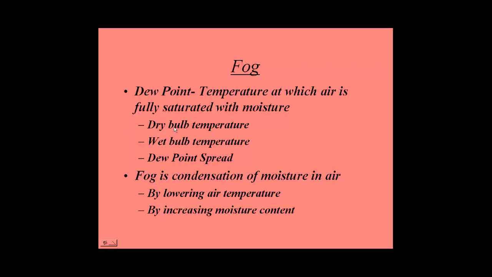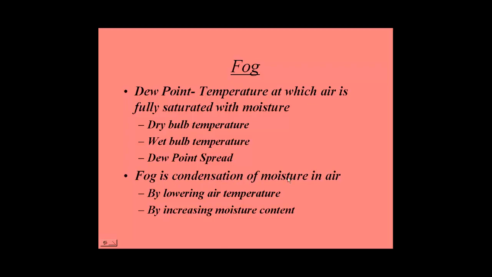When the spread between dry and wet bulb, and I'll explain these in a minute, is down to 4 or 5 degrees or so, you are in fog territory, if you will, and it's imminent at that point.